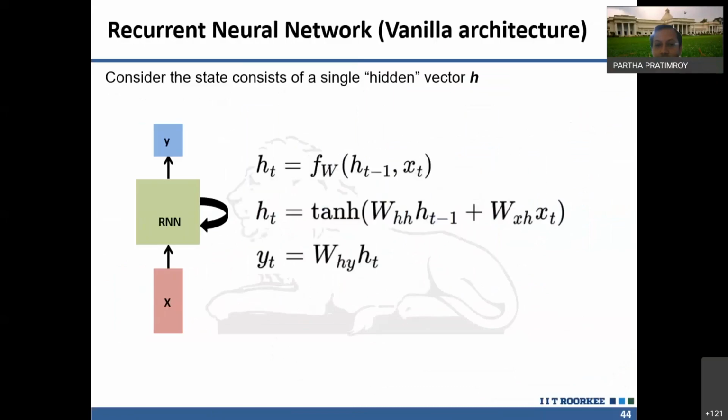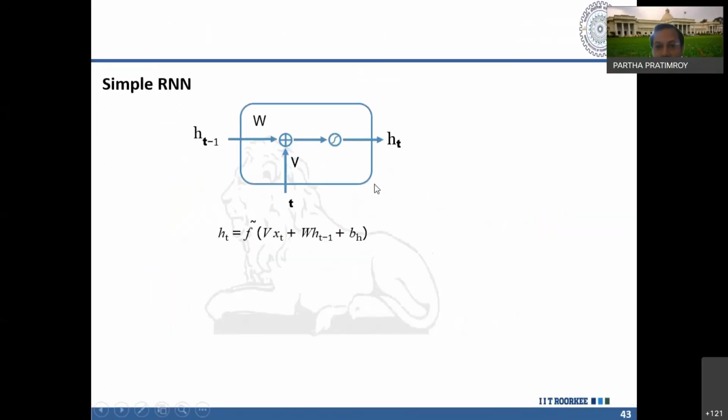That's what I was telling, that you are using HT and XT, both, for this multiplication. HT is also multiplied with the W's. This XT is also multiplied with the W's. How many features do you have here? HT is 3 values. Here X is also 4. So 4 plus 3.